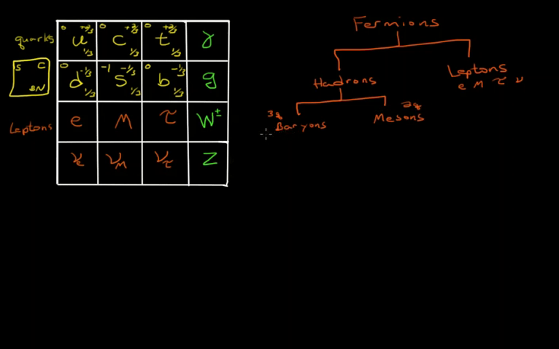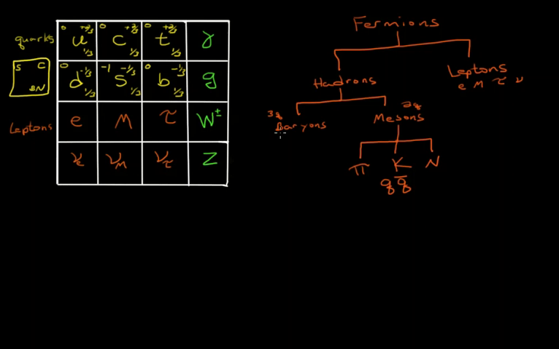They can be any kind of quark, but it has to be 3 of them. Mesons, and I don't believe you need to really know this, but for completeness, there's 3 kinds of mesons: the pi meson, the K meson, and the eta meson. Each one of these is made out of one of the normal quarks and an antiquark.